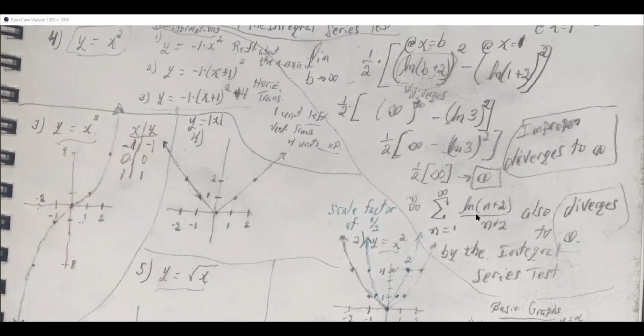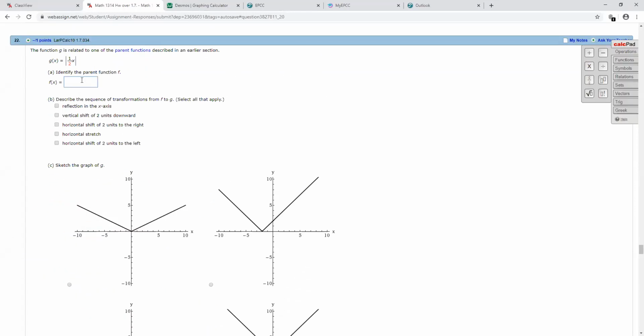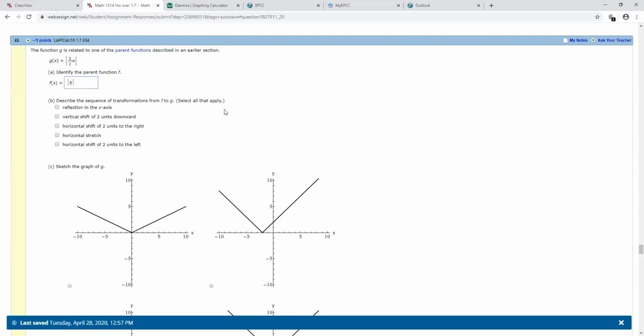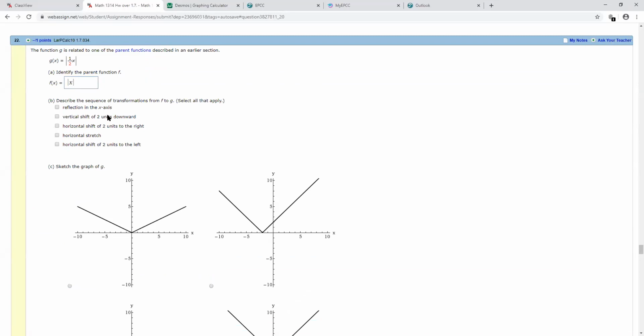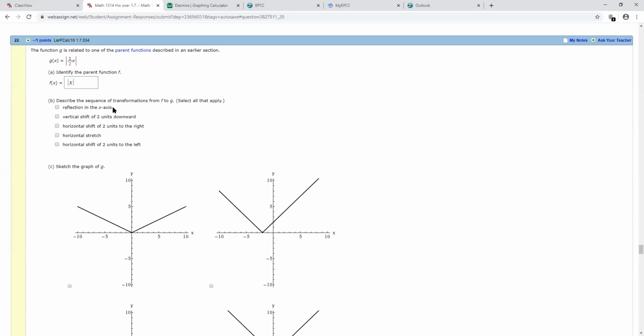It comes from the absolute value function. So then we just go over here and we write that. And then we put x in, and that's that. Now, what kind of transformation is this 1/2 again, Griselda? Is it a reflection?